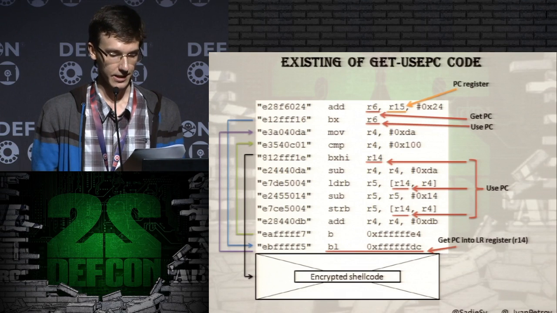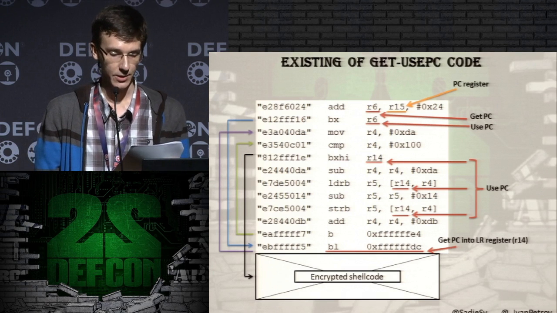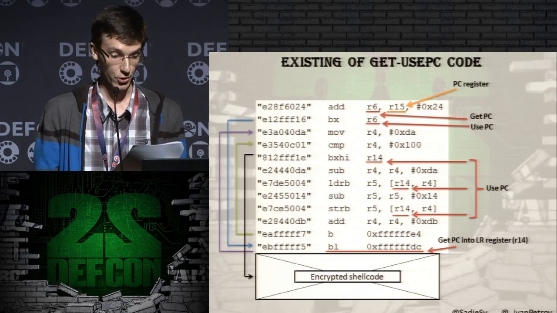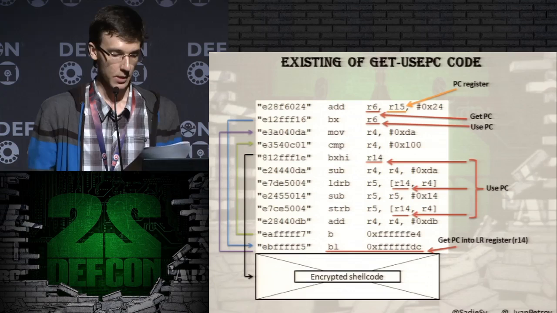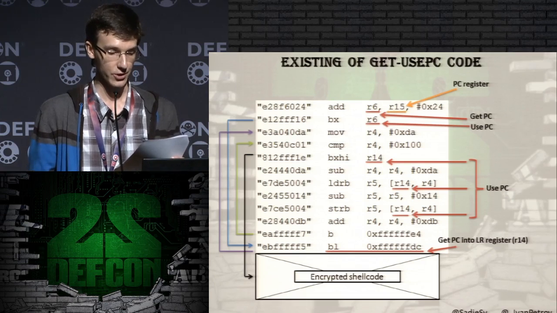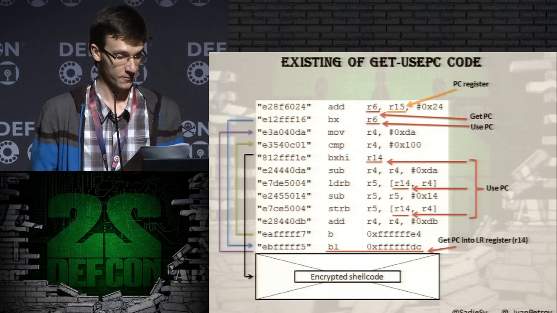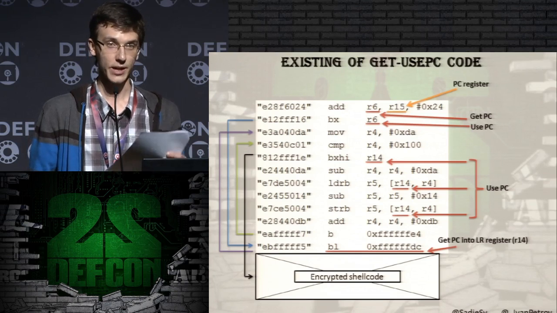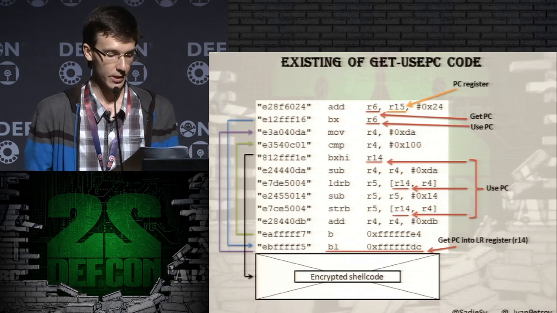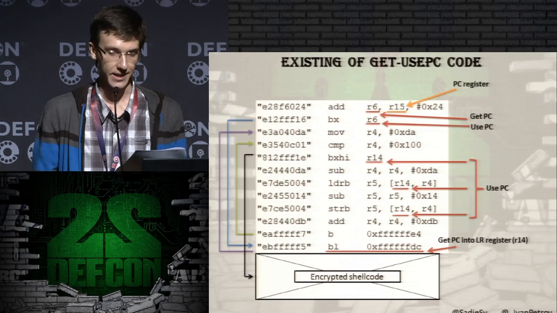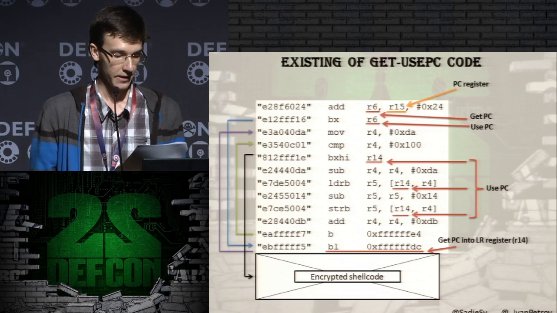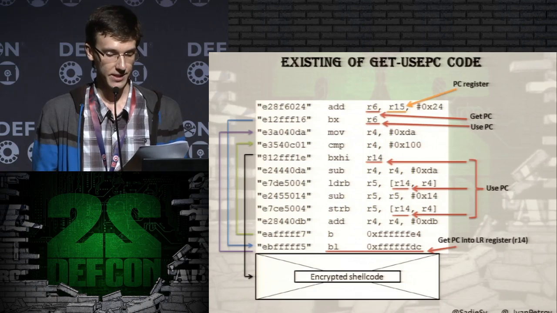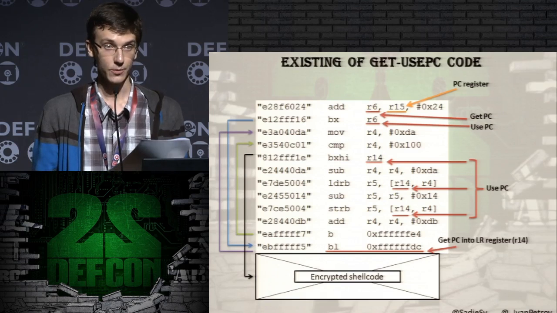How do we define get_uspc code? We define it by running an abstract execution. We forward the instructions, but don't make operations on the registers. But every register has two Boolean values. The first value means that this register has been initialized by a concrete value. For example, if we put a constant in the R0 register, it becomes initialized. The second value shows that this register is somehow indirectly referring to the place of shellcode in memory.